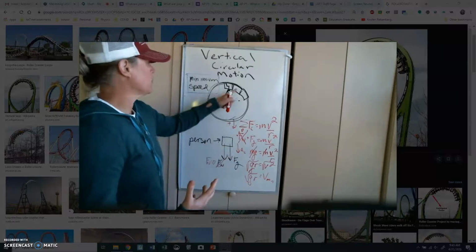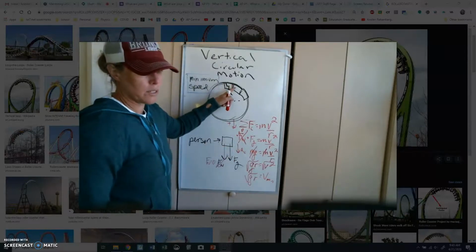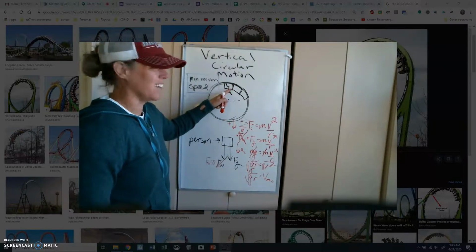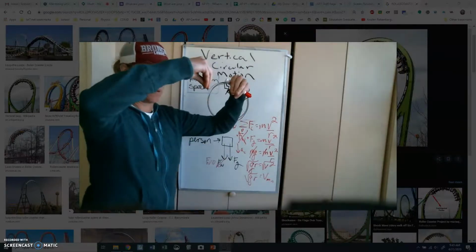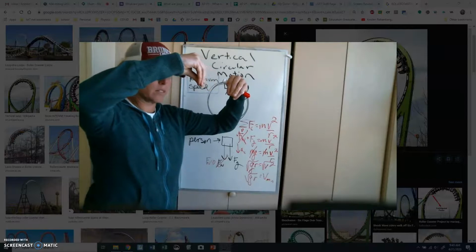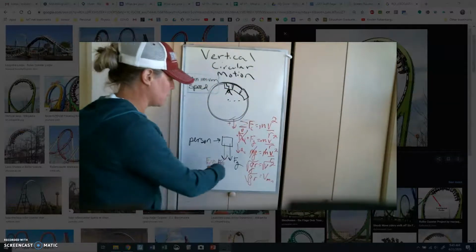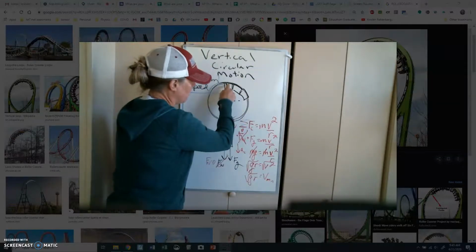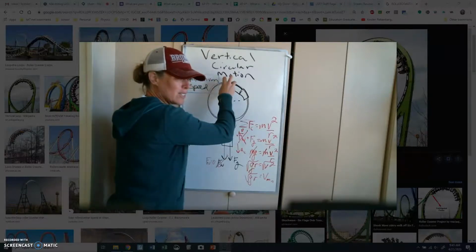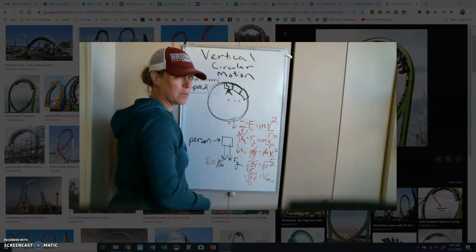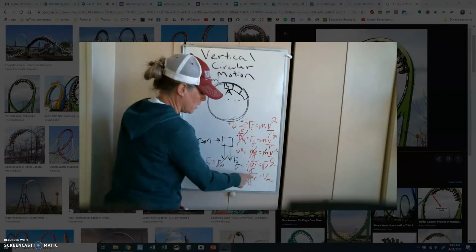If I've got this minimum speed, the lightest person is going to fall at the same time the heaviest person is going to fall, right? If I drop two different mass items, they fall at the same rate. It's the same principle, heavy or light, minimum speed, they fall. Even the cart itself would fall at that minimum speed. It's all about the radius.